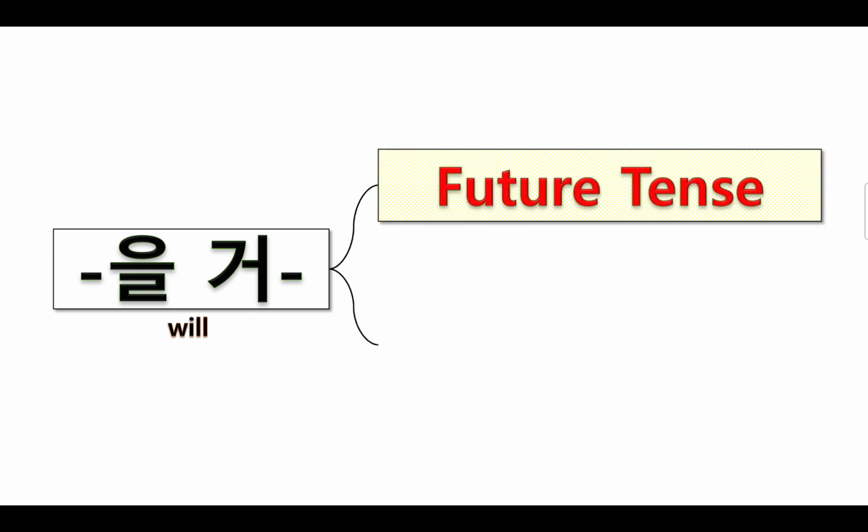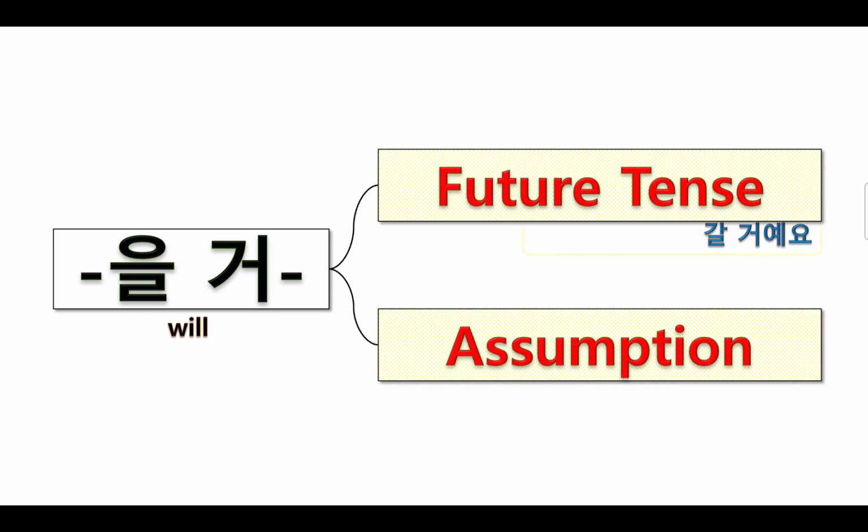And 을 거 has two meanings. Okay, will in English also has two meanings. So the first meaning is future tense, and second is assumption. So future tense is like 갈 거예요. I will go, will go. When will you go? In the future, right? So that's why this is the future tense. And assumption is 좋아할 거예요.